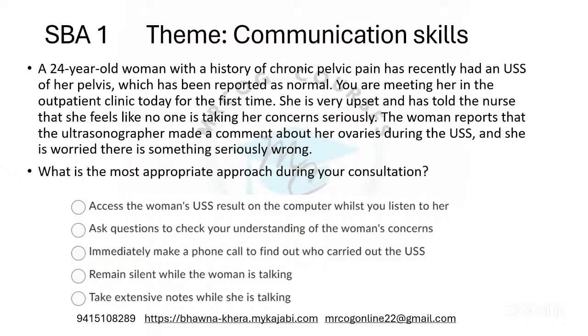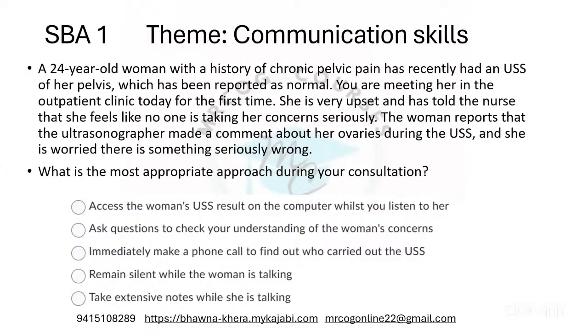So, what are your options? Assess the woman's ultrasound result on the computer while you listen to her, so you can check whether what she is saying is correct or not. Ask questions to check your understanding of the woman's concern. You need to further interrogate the patient.